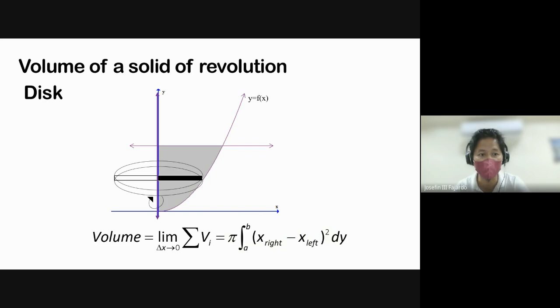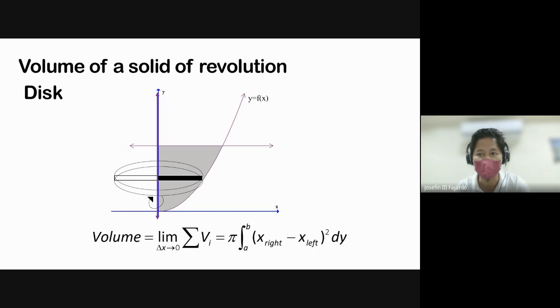Kasi ang volume ng parang you can consider this disk as a very thin cylinder. Diba? So ang volume ng cylinder ay pi times the square of the radius times the height. In this case, yung height natin dito ay yung thickness ng ating element of area.